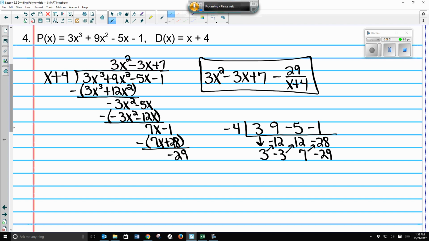This is your constant, this is your linear term, this is your quadratic term. So the answer is 3x squared minus 3x plus 7 minus 29 over x plus 4. It's actually really easy.